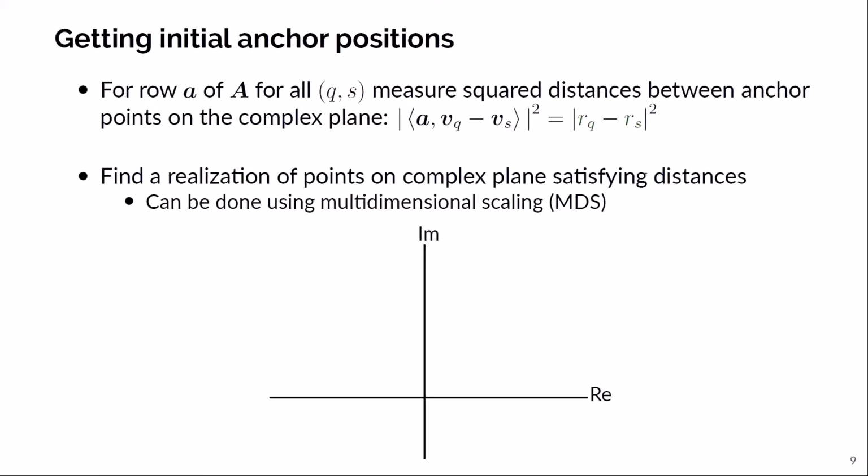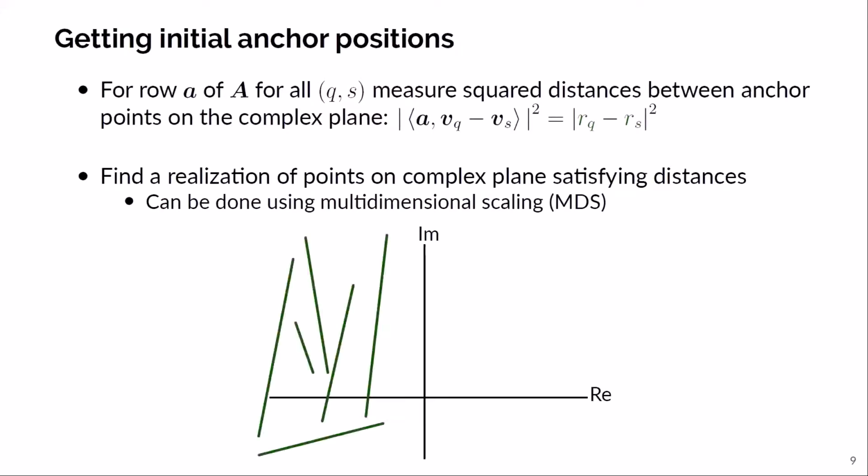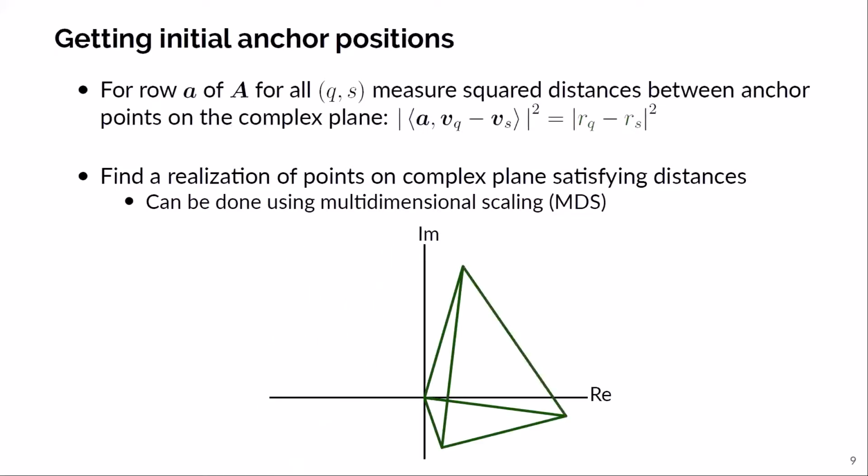And so then on the complex plane, we have a bunch of distances, and our task just boils down to identifying a realization of points on the complex plane that satisfies all of these distances. And so we do this by multidimensional scaling in our paper. And once we do this, we have a realization, and then now we have our known points in the complex plane, and we can then go through the rapid numerical interferometry process, which I described earlier.